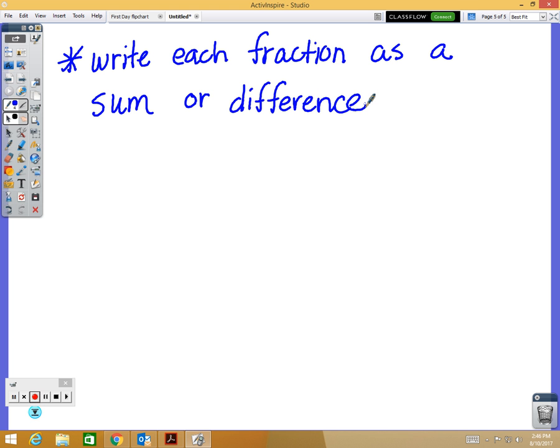That's going to be our directions. So if I give you 2x plus 7 over 5.